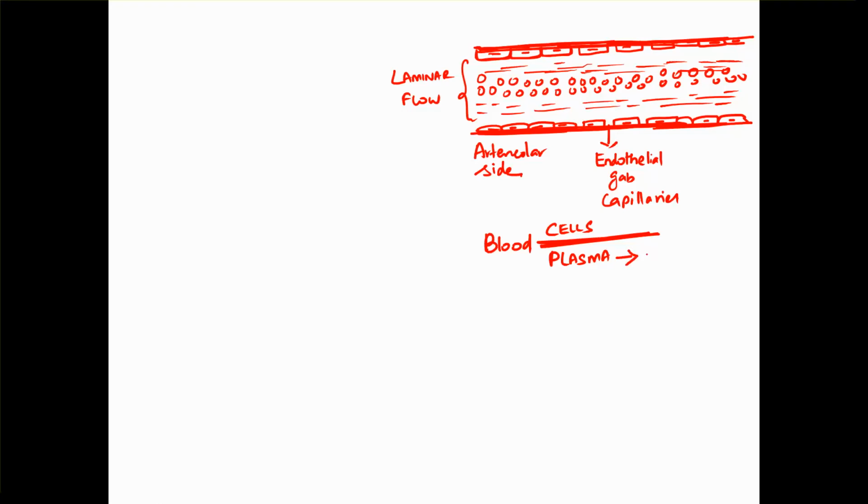Plasma contains water, proteins, and electrolytes. Cells are of three types: red blood cells, white blood cells, and platelets. This is the venular side.